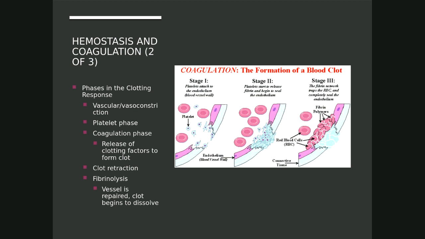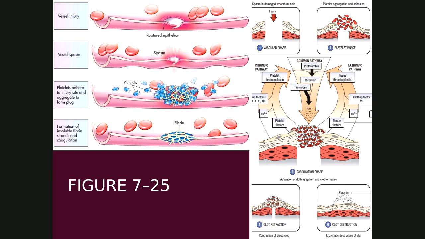It's really essential to make note in figure 7.26 that calcium ions, vitamin K, and phospholipids are vitally needed in the body to synthesize and/or activate many of the clotting factors, calcium being the most important. And this is just figure 7.25 in your textbook, as well as 7.26, which breaks down the clotting process.